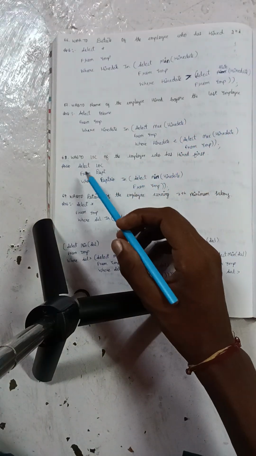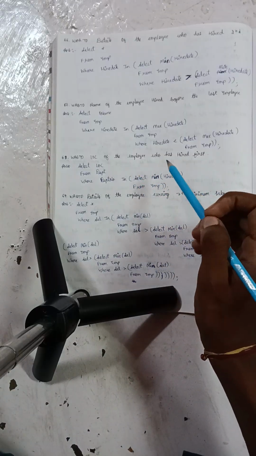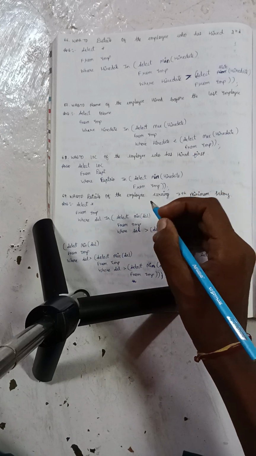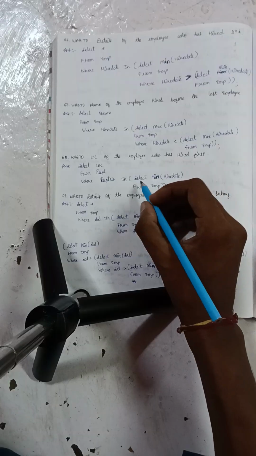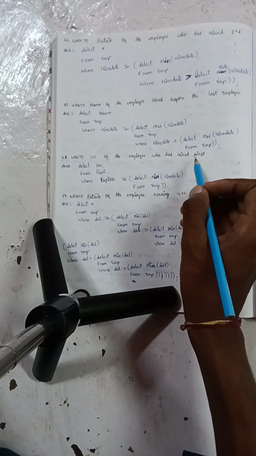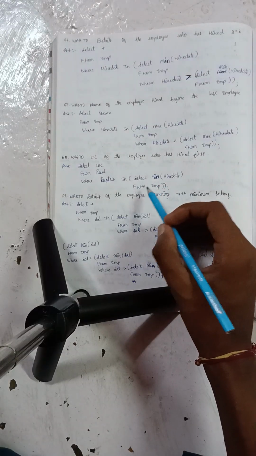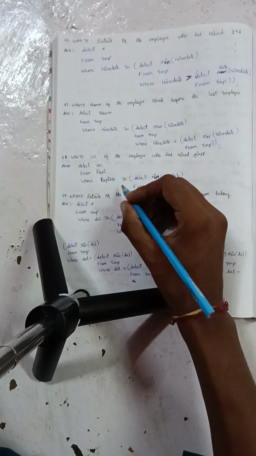Write a query to display the location of the employee who was hired first. Here we want to select who was hired first. So select min of hire date from EMP, and location is not in the employee table.